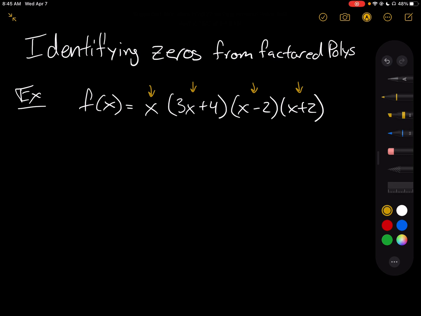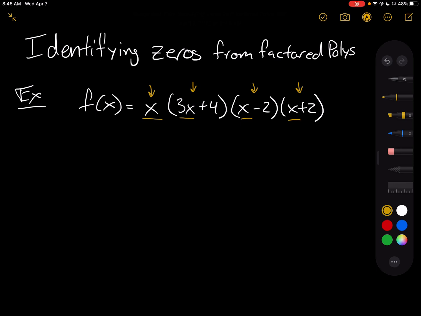This represents a fourth degree function because we've got four linear factors being multiplied together, but we have them in this factored form here, right? So there's a fourth degree polynomial, so we should expect four roots.